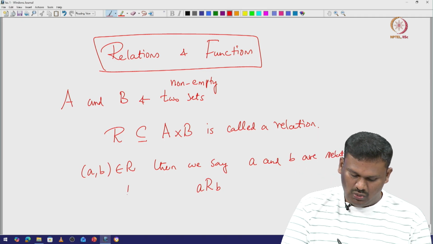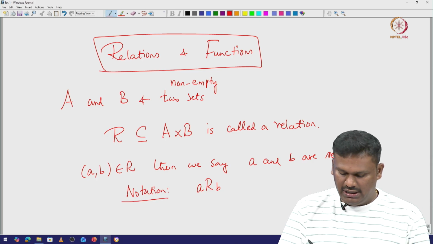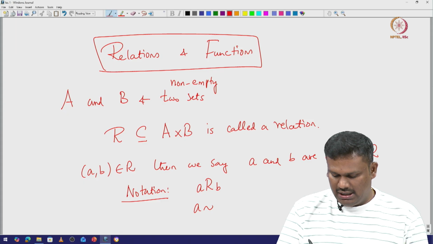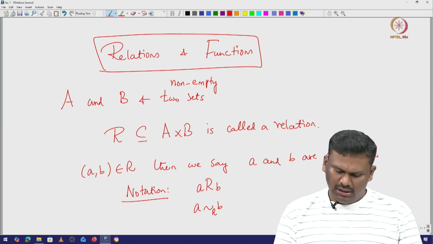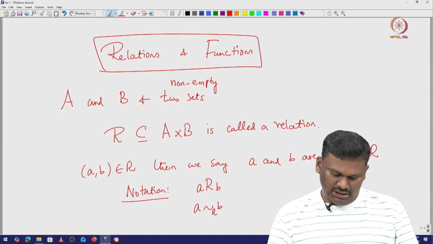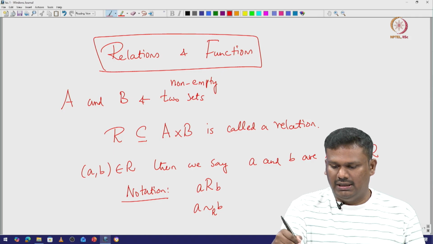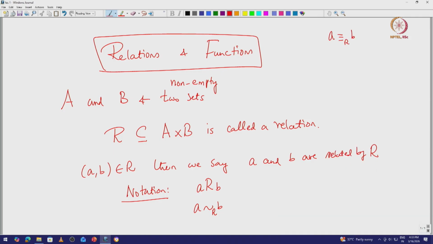This is one notation that is used in most of the textbooks. Sometimes they also say that A is related to B via this relation tilde R. Okay. So, there are many ways one can write down these relations. Sometimes we will see that in number theory we will use congruence in order to say that A and B are related with respect to R. So, all these notations are used in the textbooks.